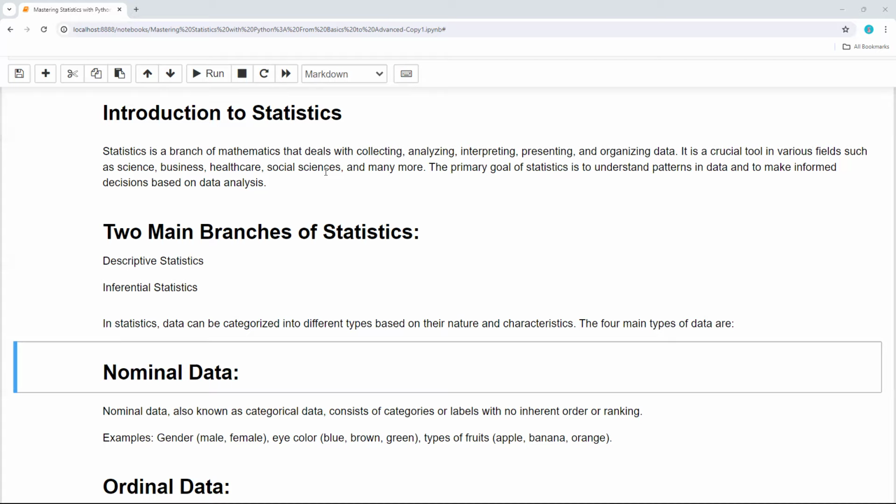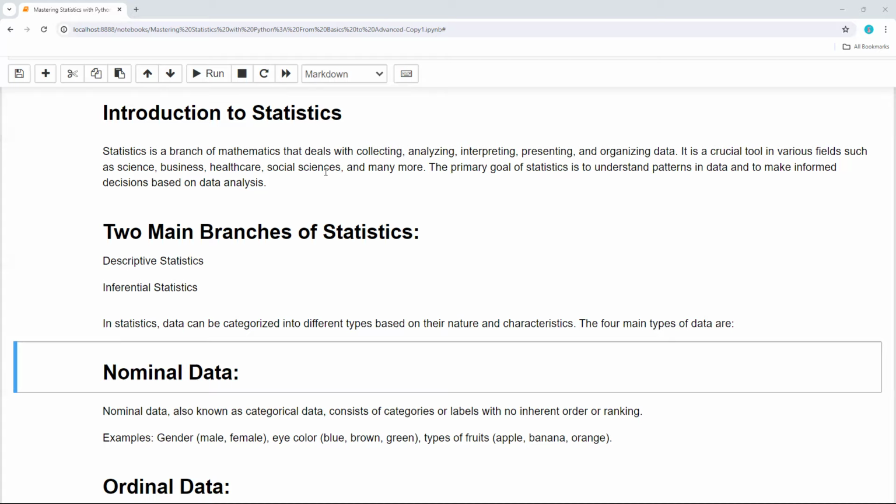It has to be collected first, then analyzed, interpreted, presented, and at last organized in an order. That is what statistics means. It is a crucial tool in various fields such as science, business, healthcare, social sciences, and many more. The primary goal of statistics is to understand patterns in data and to make informed decisions based on data analysis.